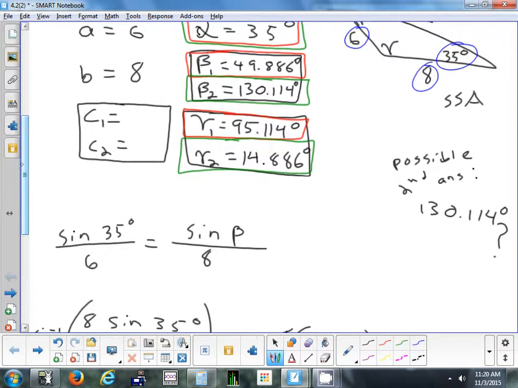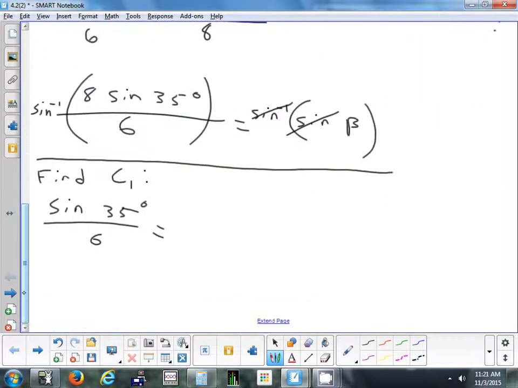Now, to find C1, do you think we're going to use gamma 1 or gamma 2? To find C1, that's part of the red triangle. That's part of the red triangle. And that's part of the red triangle. So there should be 6 red boxes up there. 3 sides, 3 angles. So we'll write sine 95.114 over C1.